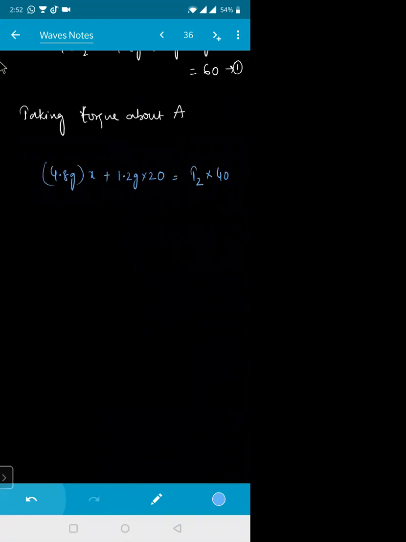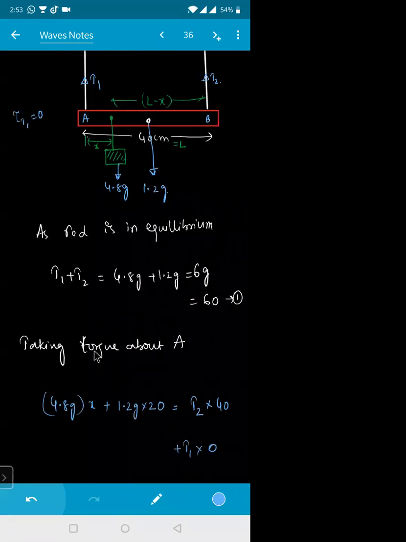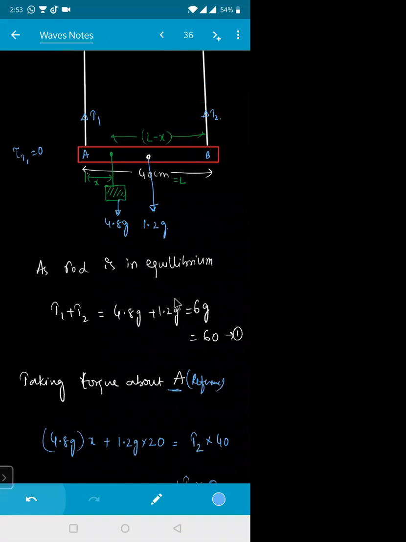So it is 4.8 into g into x plus 1.2 into g into 20, equal to T2 into 40 plus T1 times, there is no perpendicular distance for that one, so that will become 0 because we are taking A as the reference. So you are taking the torque about point A. A is your reference, beta. We are applying the torque about point A. Is it clear for everyone?